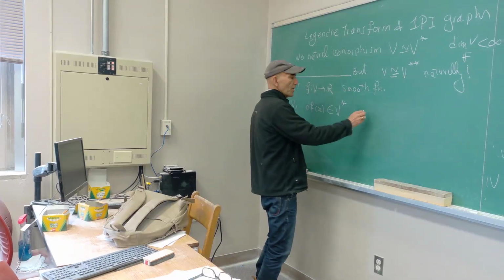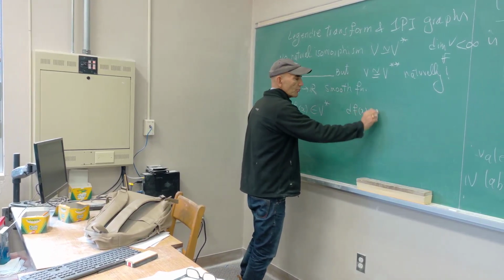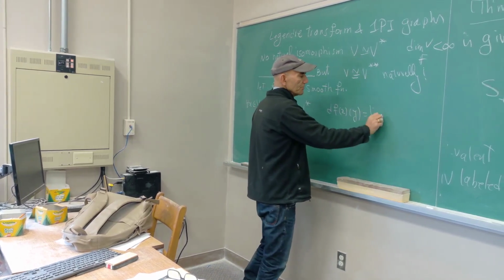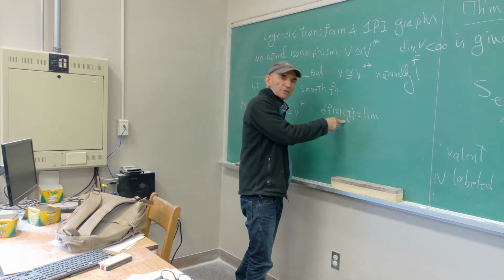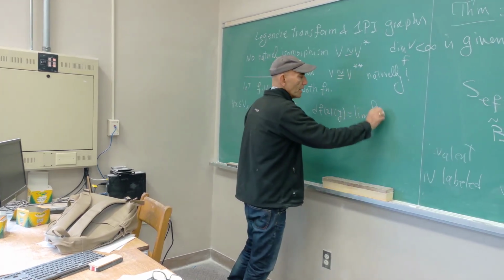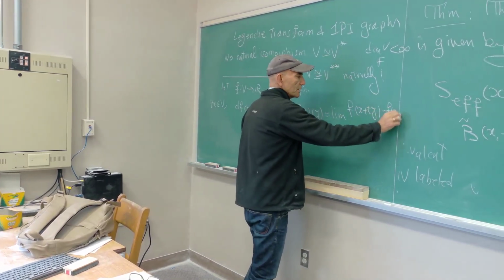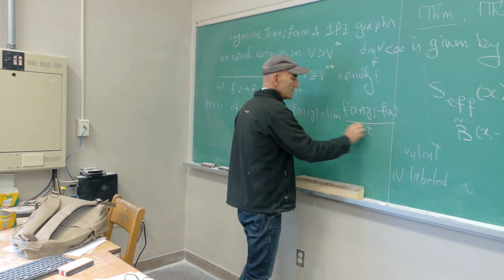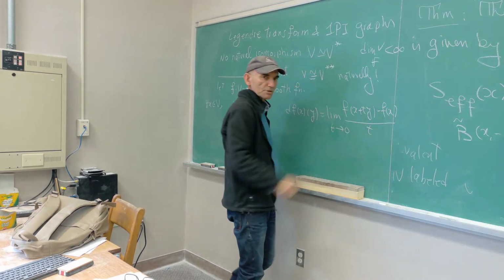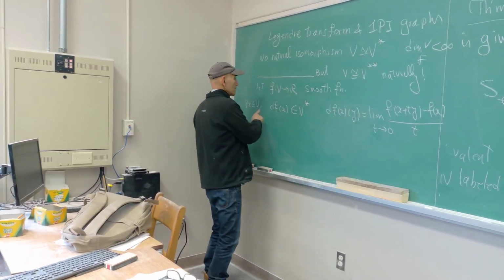And the way it is defined is the following: df at x, applied to some vector y in V, is just the directional derivative of f at x in the direction of y. So this is the limit of f of x plus ty minus f of x, divided by t, as t goes to 0. It's just calculus.